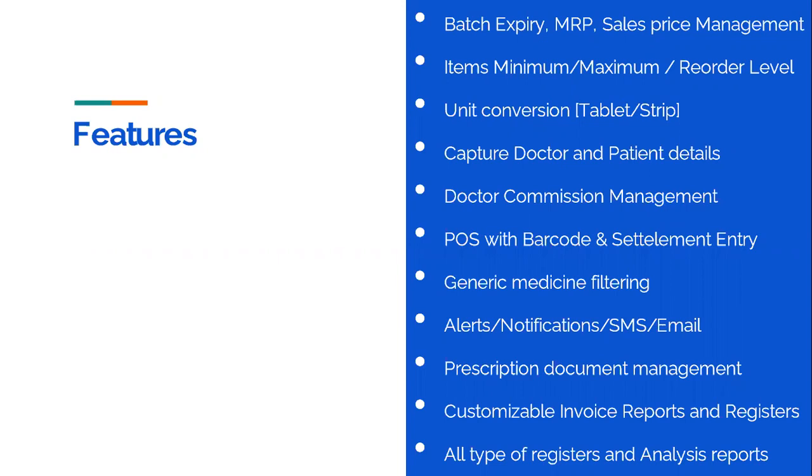Apart from that, we have MRP management, maximum retail price. If each and every batch doesn't have the same MRP, if they have multiple MRPs, then we are able to manage that here. And sales price wise management. So batch number 001 will have the sale price of 10 rupees. Batch number 002 will have the sale price of 12 rupees.